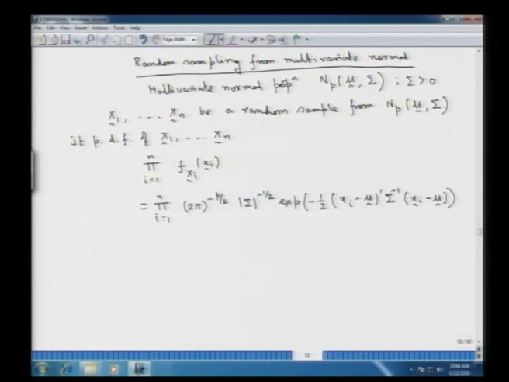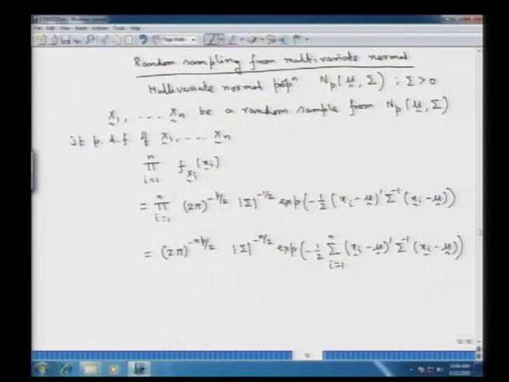Right, so this is the joint PDF. This can be compactly written as (2 pi) to the power minus np by 2, determinant of sigma to the power minus n by 2, exponent of minus half summation i equal to 1 to n (xi minus mu) transpose sigma inverse (xi minus mu).